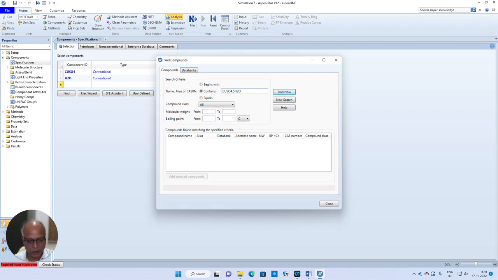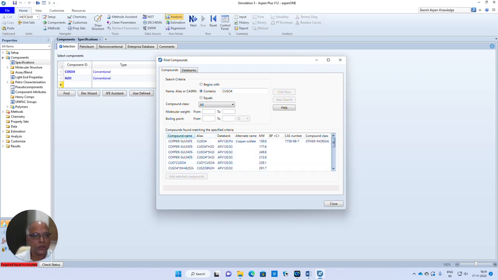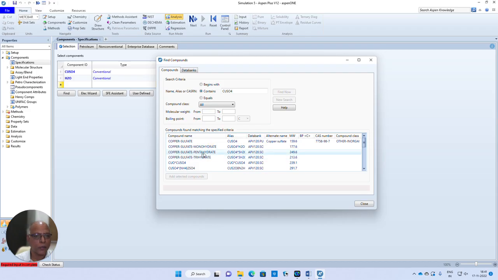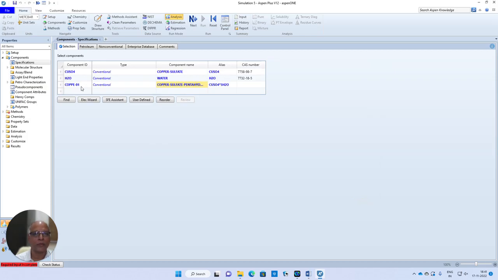Let me find out the various crystals available under copper sulfate. You can see from this table, copper sulfate pentahydrate, this is what we are interested in. Add selected compounds, close. So this is represented like this, but remember this is a solid.